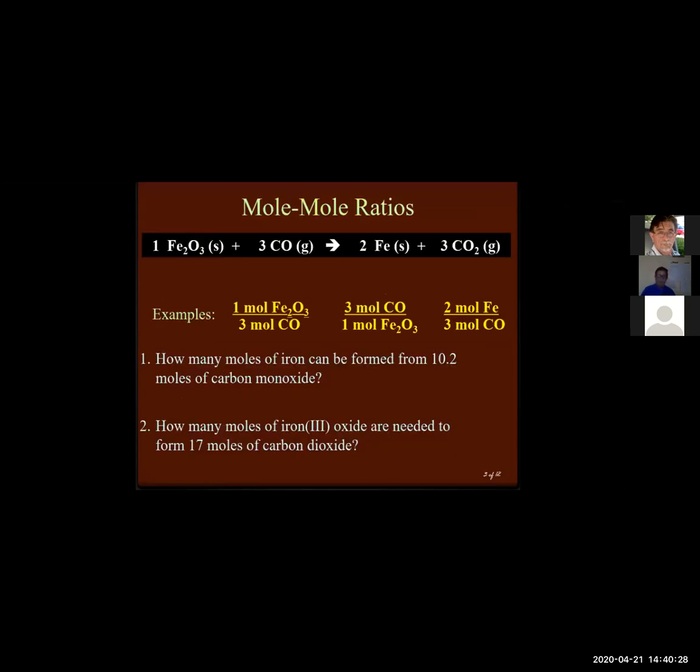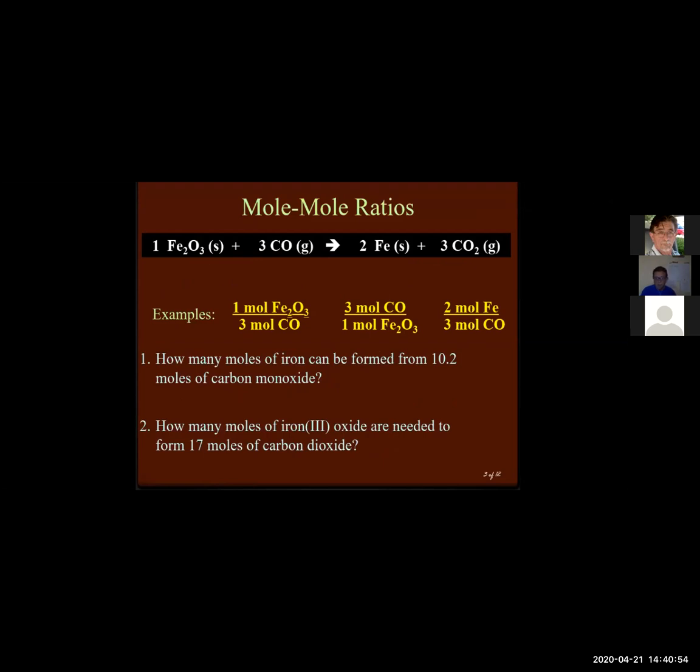Okay, let's take a look at this reaction here. This reaction is 1 mole of iron 3 oxide reacts with 3 moles of carbon monoxide to give us 2 moles of iron and 3 moles of carbon dioxide.